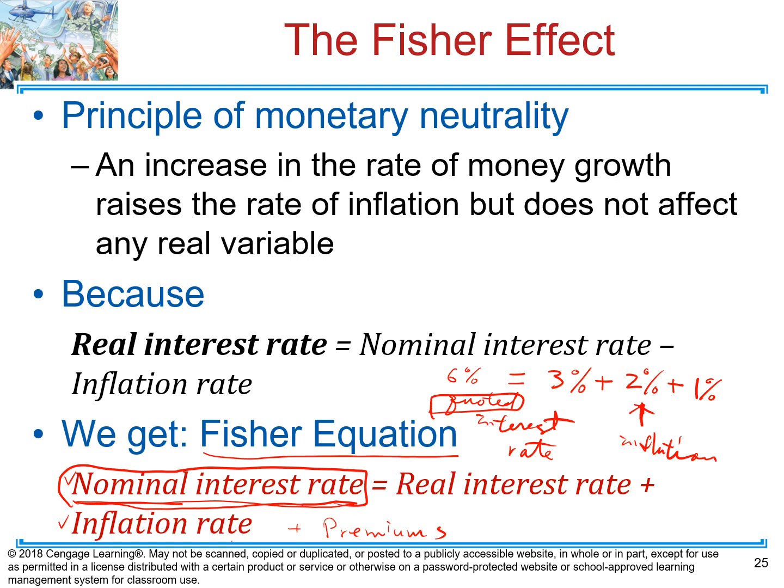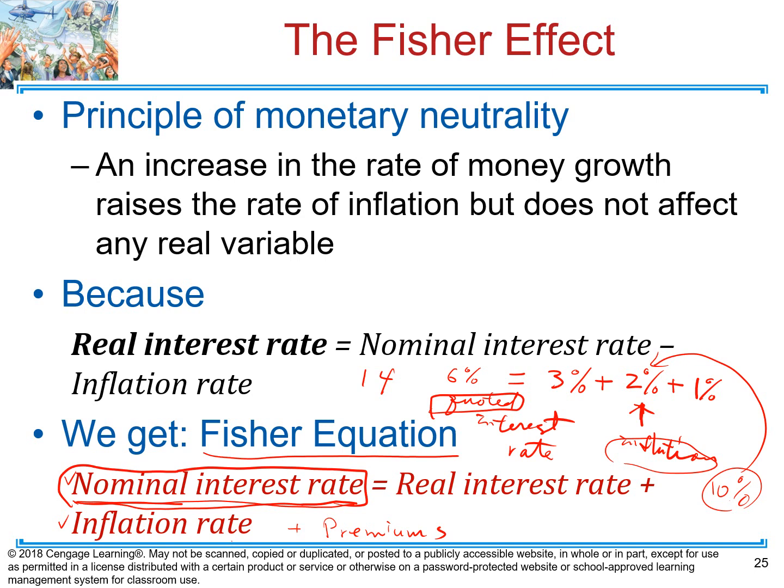If the lender expects inflation to be really large, let's say 10%, they will add this number here, and then this quoted interest rate will be 10 plus 1% plus 3%. So it's going to be 14%.